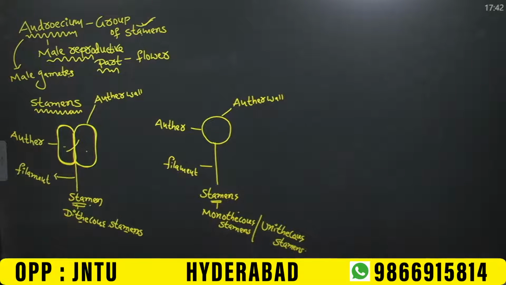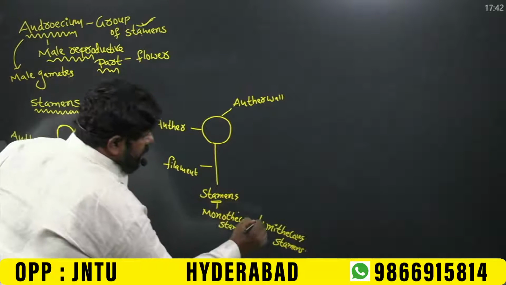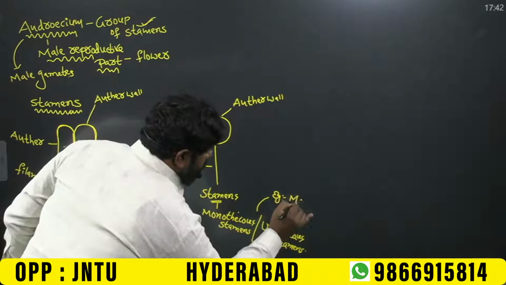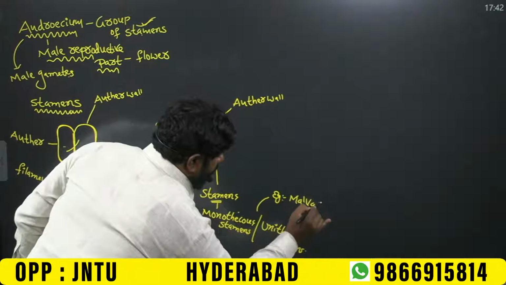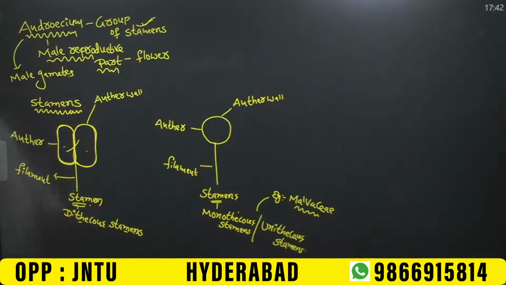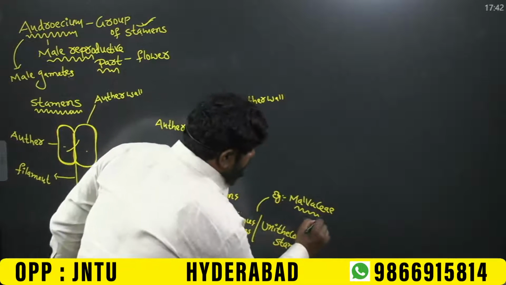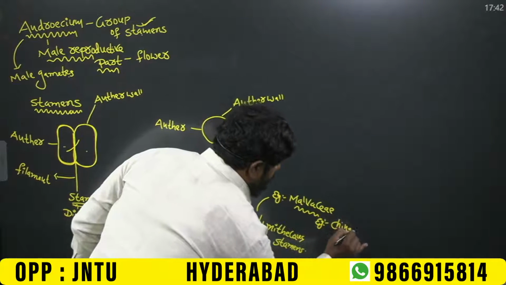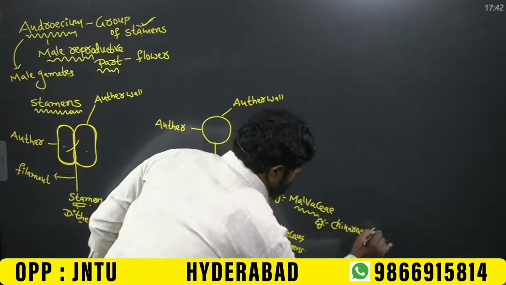These monothecous stamens are present in, the best example, the Malvaceae family. Malvaceae family members consist of monothecous stamens. The best example of a Malvaceae family plant is China rose, hibiscus.